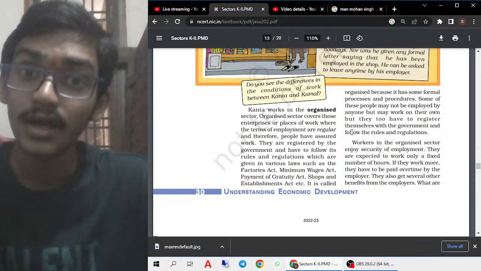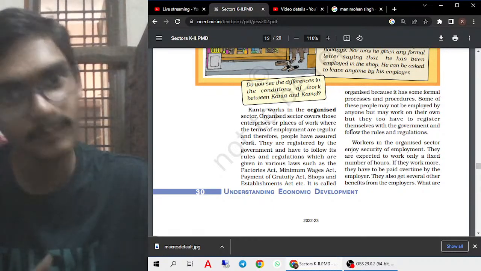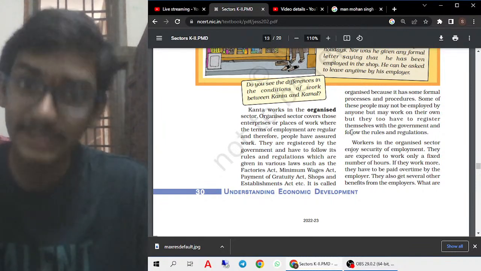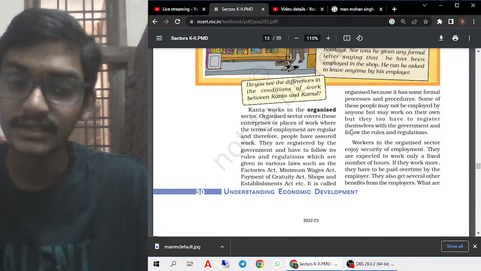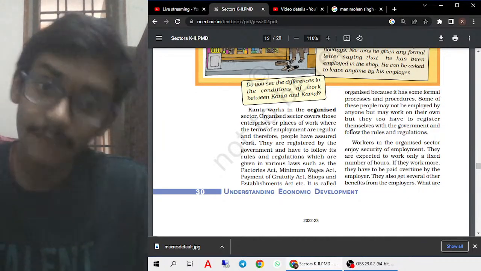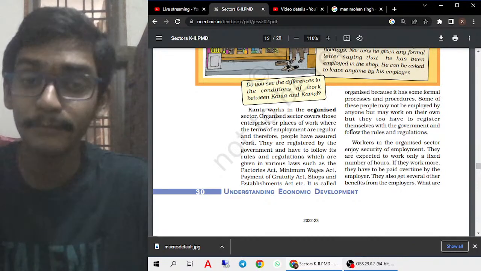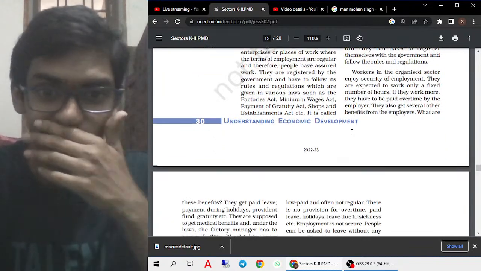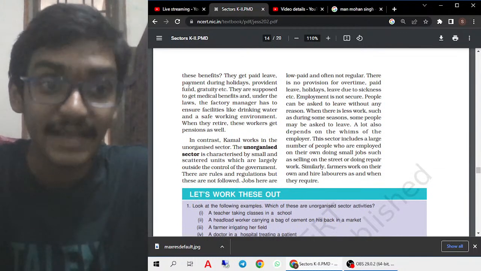They are given paid leaves. Whenever they do not go to work, they are given money. They follow the rules and regulations set up by the government. They also get medical treatment, and many people also get tourist benefits, even foreign trips. They also get a gratuity fund.